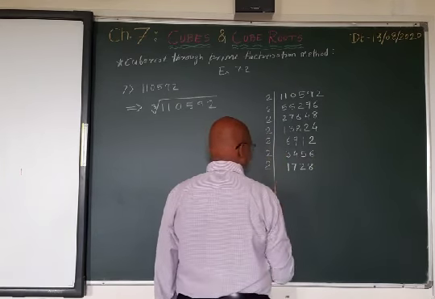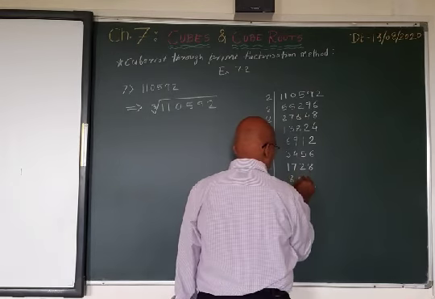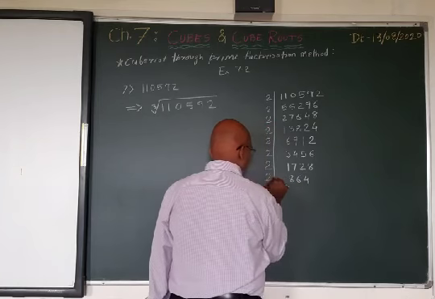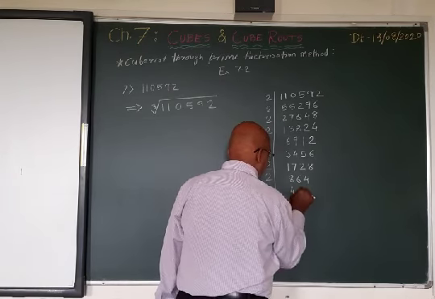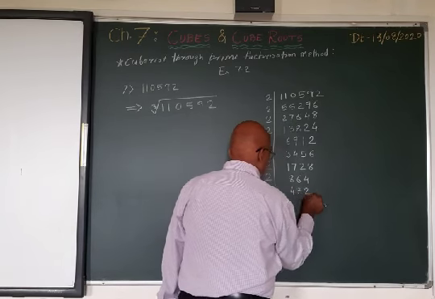Again 2: 2 eights are 16, 2 sixes are 12, 2 fours are 8. Again 2 twos are 4, 2 threes are 6, 2 twos are 4.